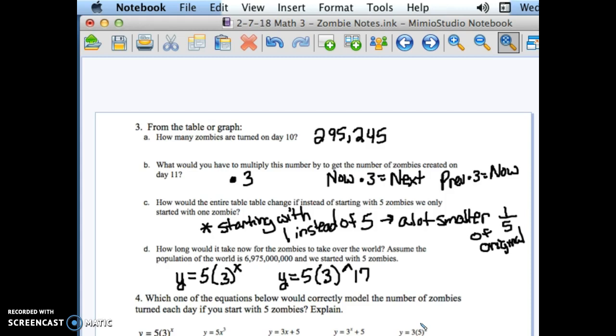You just need a lot more data. Is 17 days going to be quite enough? No. Sometime between the 17th day and the 18th day, we are definitely going to take over the world. The whole world will be zombies. So this is the equation we should be using.